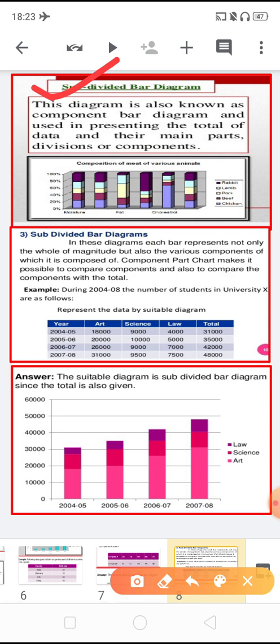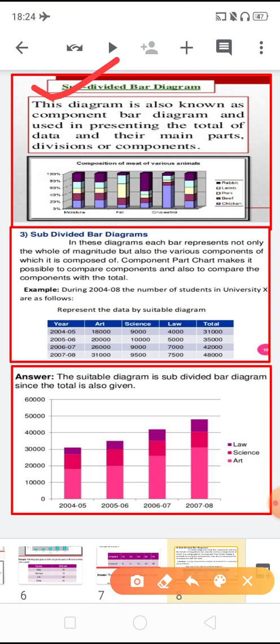One thing is very important to understand, children: when we are preparing subdivided bar diagrams, the various components in each bar should be kept in the same order. Second, in order to make distinctions among the various components, it is necessary to use different colors and shades.